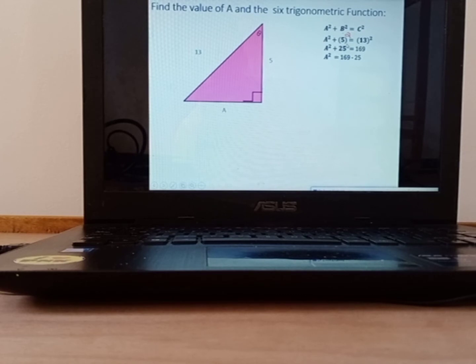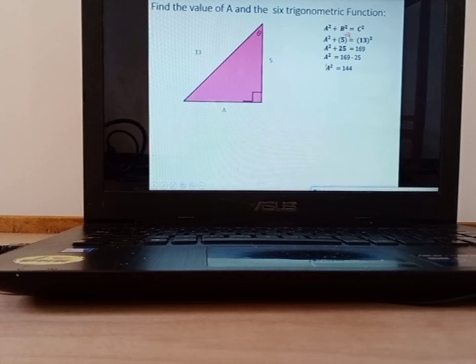Since we transpose, we change the sign of our 25. The inverse of positive 25 is negative 25, so this is the reason why we have minus 25 here. So we have our result, A squared is equal to 169 minus 25, and 169 minus 25 is 144. A squared is equal to 144.